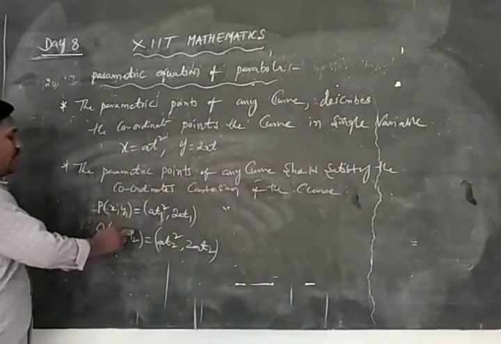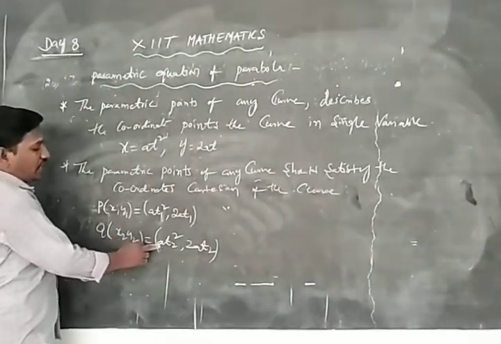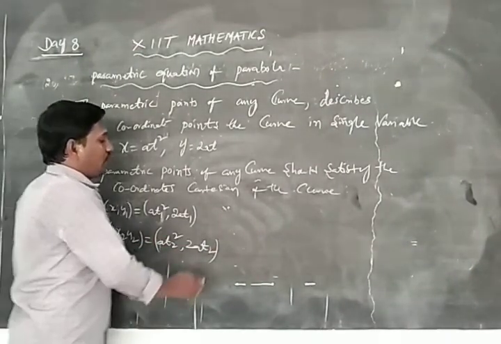So P(x1, y1) is a t1 square, 2a t1, Q(x2, y2) is a t2 square, 2a t2.